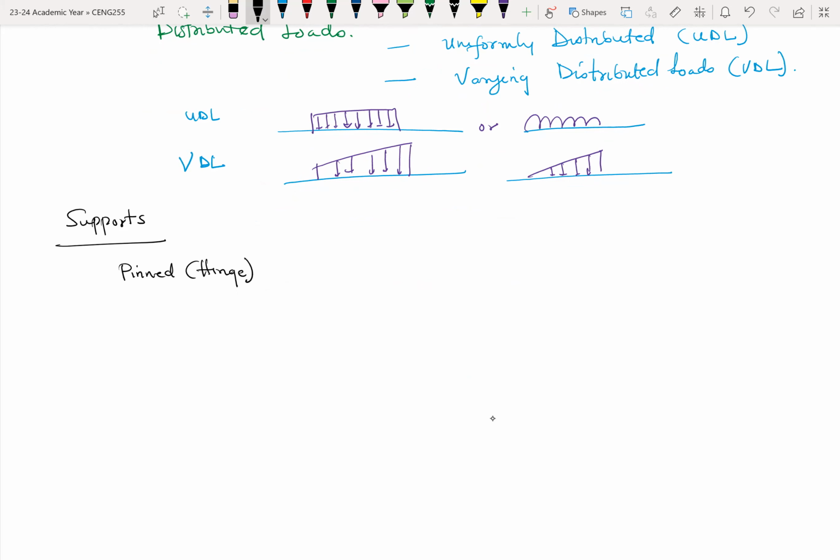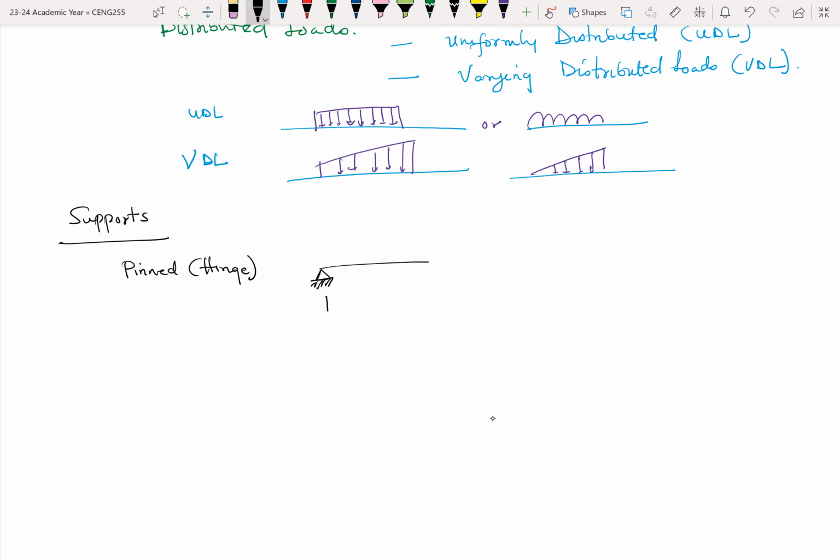It's denoted by a triangular shape with a little bit of pattern design below it. And we learned that a pin support can resist loads in two directions. So we have, let's say, Ry and Rx. So Ry and Rx are resistance, they are the reactions to loads.